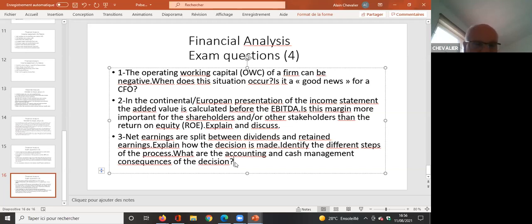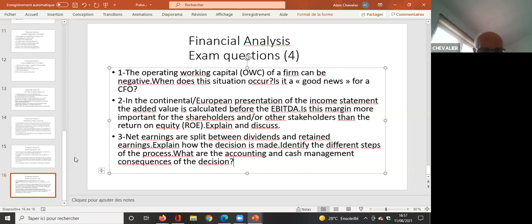You have to understand also that the distribution of dividend, which is a good and positive signal, will probably have an impact on the market value of the firm and will facilitate later the success of an equity issue. So this is what you had to explain in these 3 questions.